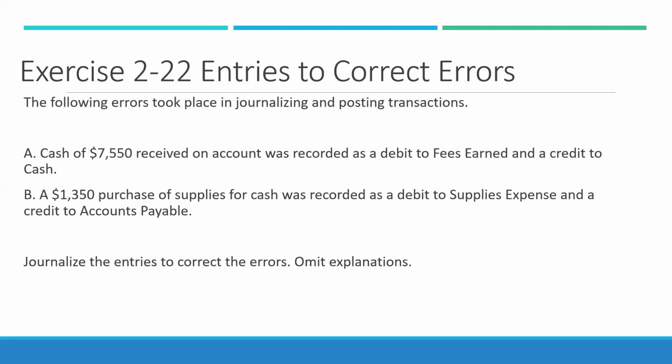Cash was reduced by 7,550, so we have to increase it by 7,550, but that would make the net impact 0. So we still have to have another 7,550 in debits to cash, and then yep, fees earned.